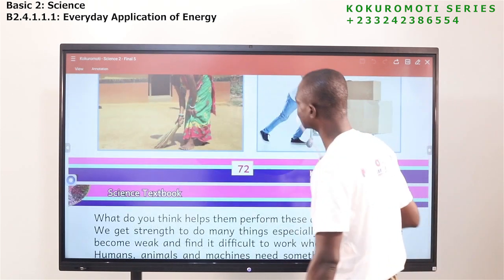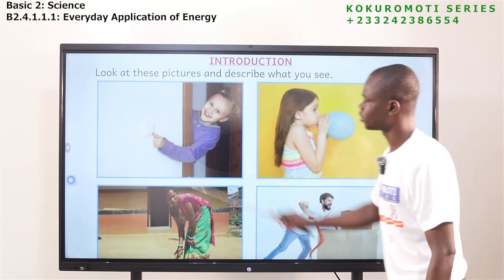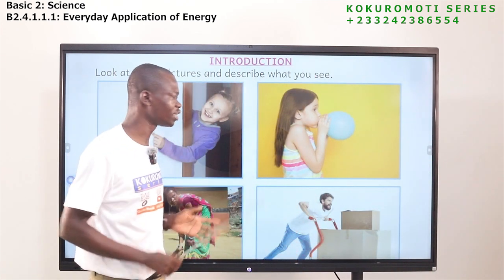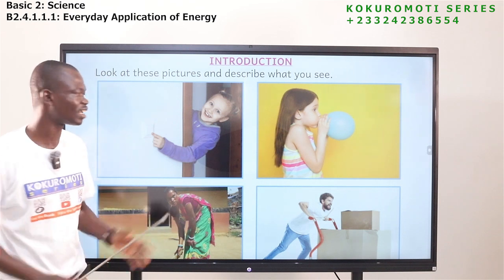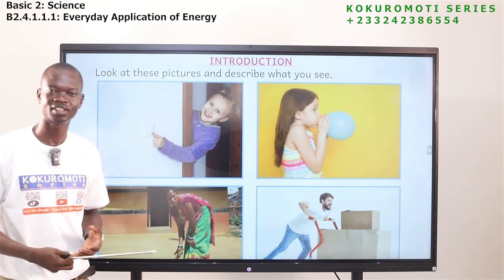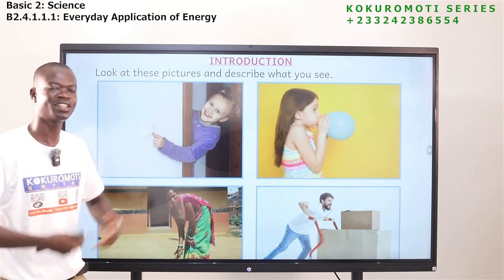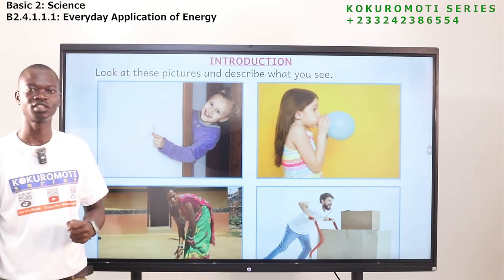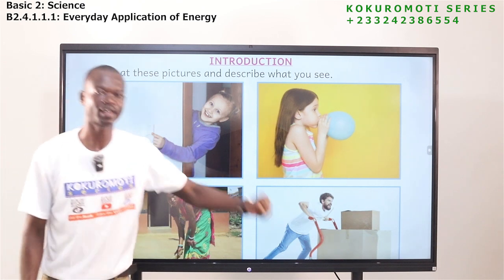Okay, so if you look at these pictures, they are all doing something. And before they can do these things, they need what? Energy. Where do they get the energy? Human beings, we get energy from where? Food. It gives us the ability to work.